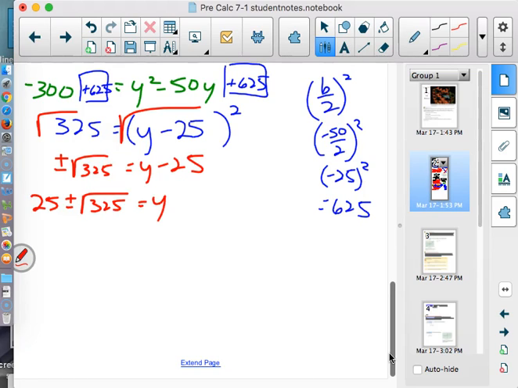Whew. All right, so let's see what that is. 25 plus square root of 25... so y is approximately 43.028.